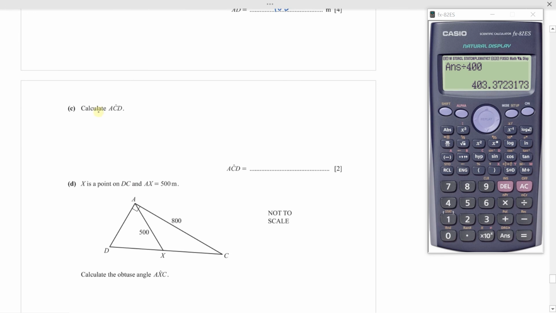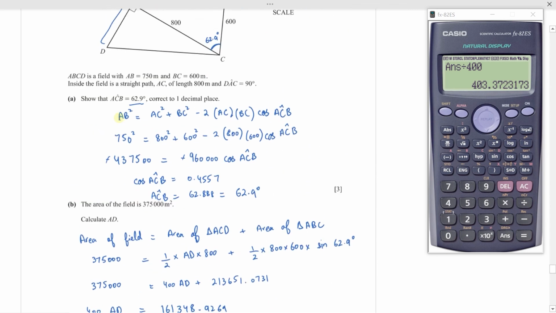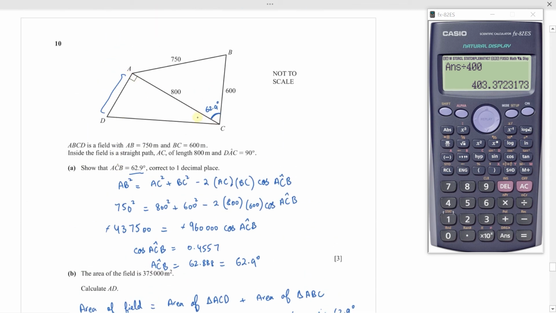The next part is calculate the angle ACD. So ACD is this angle here, and this is a right angle triangle. This side is 800. We calculated AD as 403. So if I look at this angle, this is the perpendicular height and this is the base with respect to this angle.